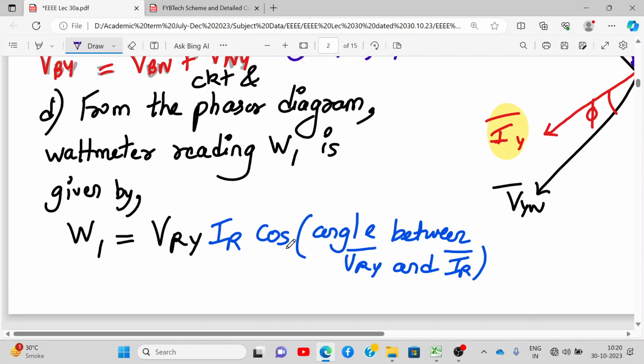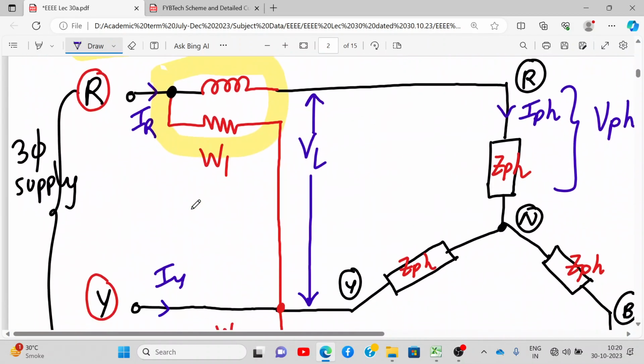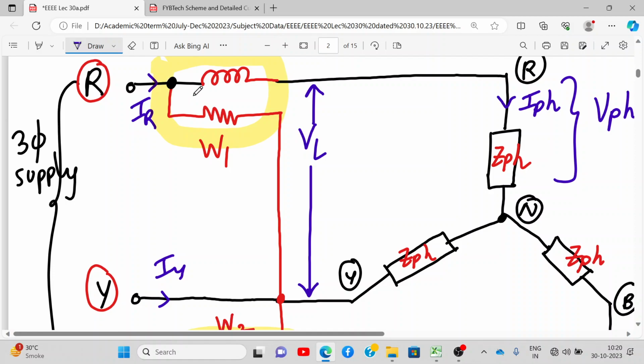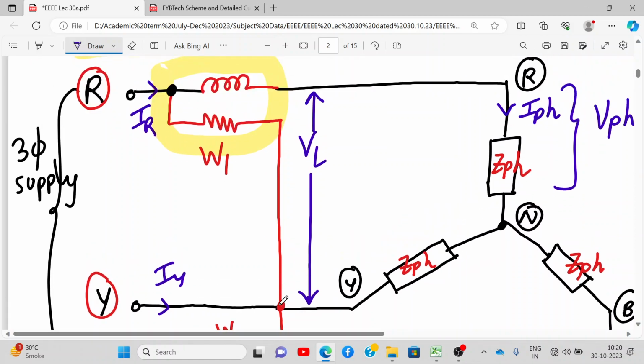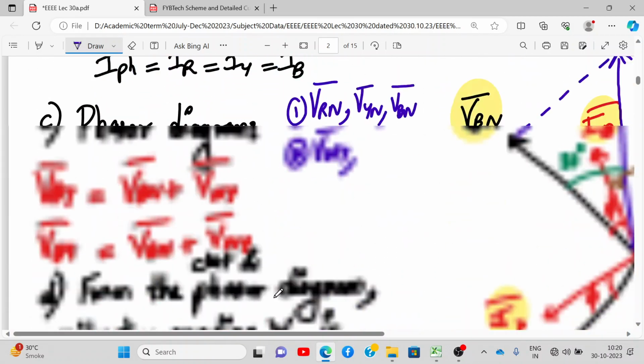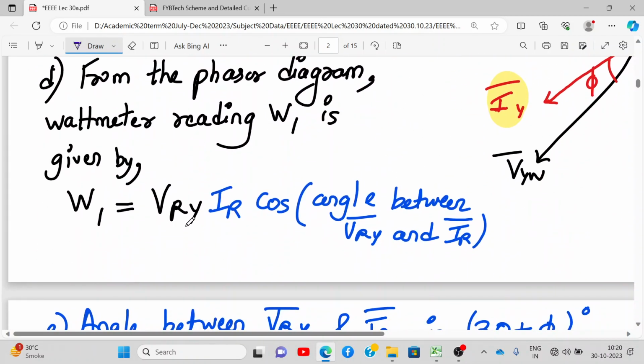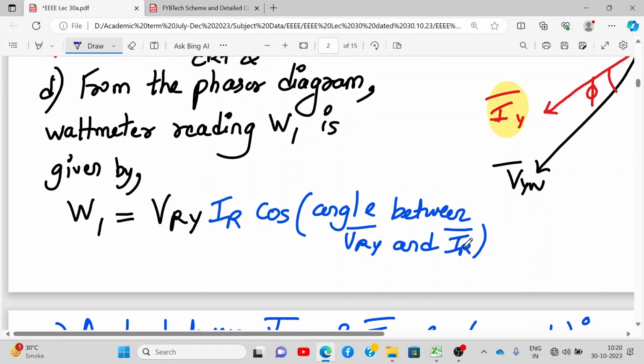W1 is connected between R and Y, so W1 is VRY into IR into cos of the angle between VRY and IR.